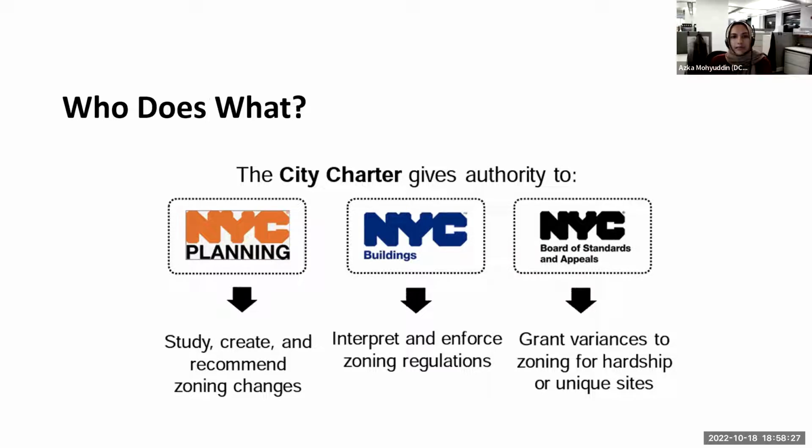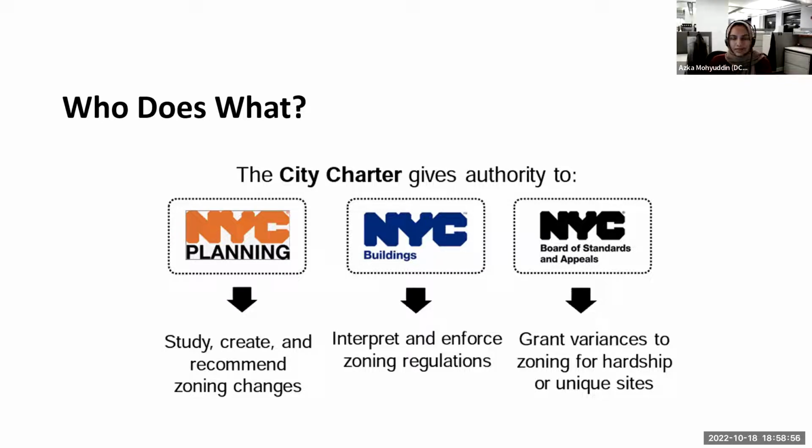The BSA, the Board of Standards and Appeals, has the authority to grant variances to zoning for hardship on unique sites. Another aspect of authority that you are all familiar with is that the City Planning Commission has the authority to grant certain special permits and approvals through waivers.